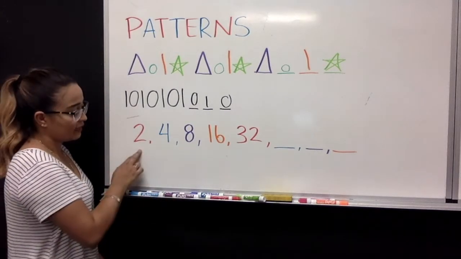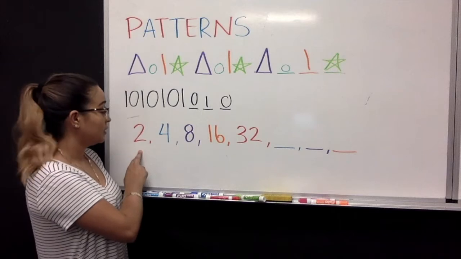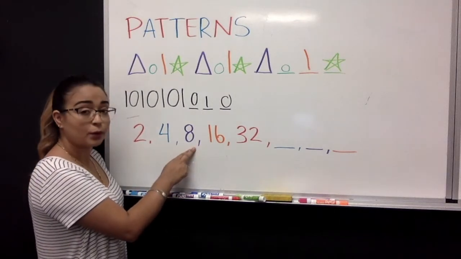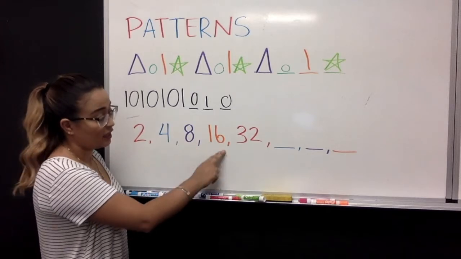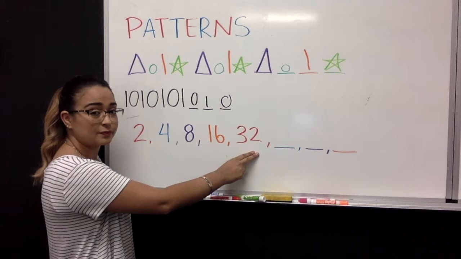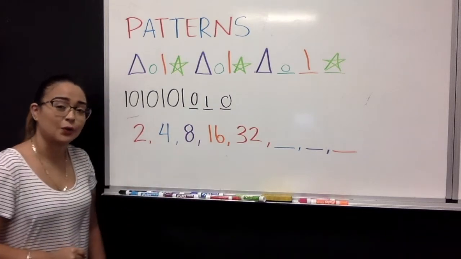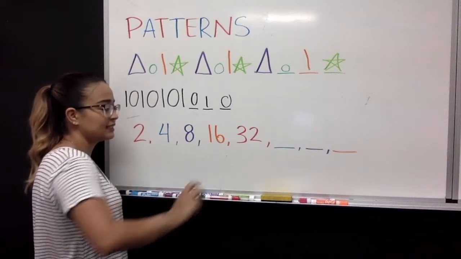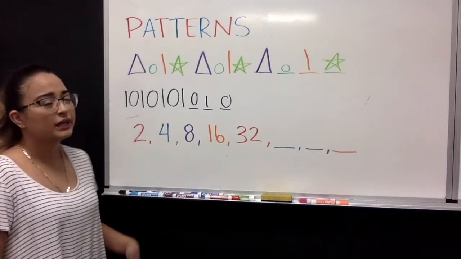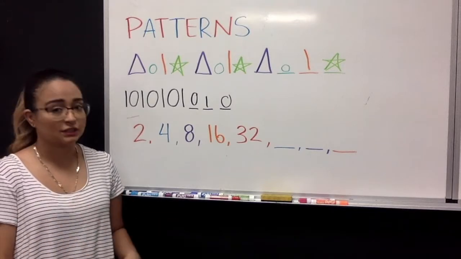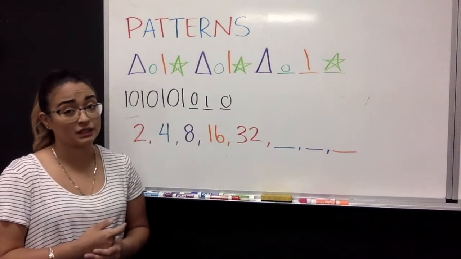We have a red 2, a blue 4, a purple 8, an orange 16, and a red 32. Okay? Let's identify how we get the next number before we decide how the color sequence will go, because that has to do with it as well.